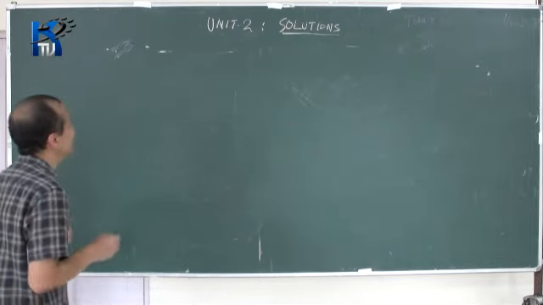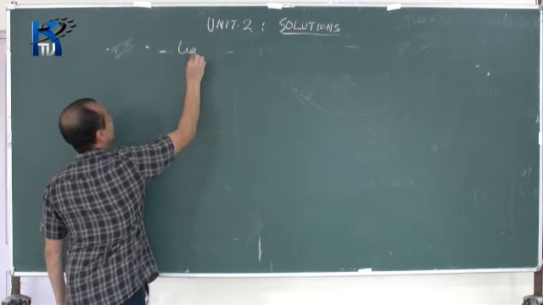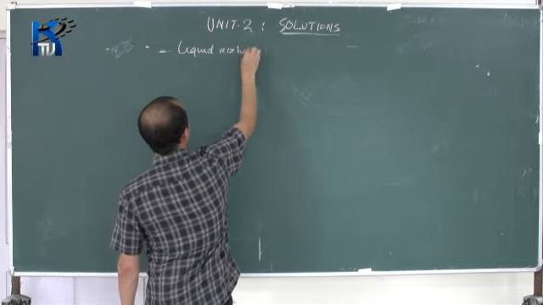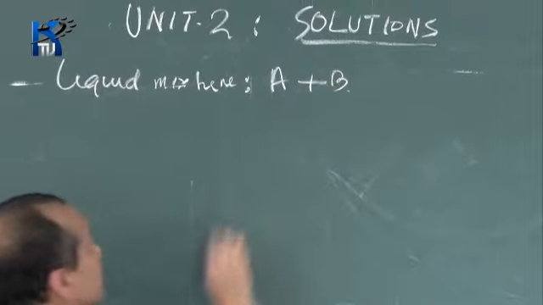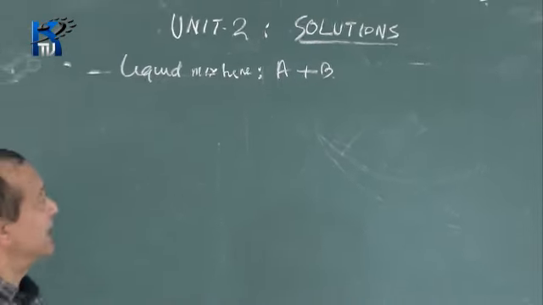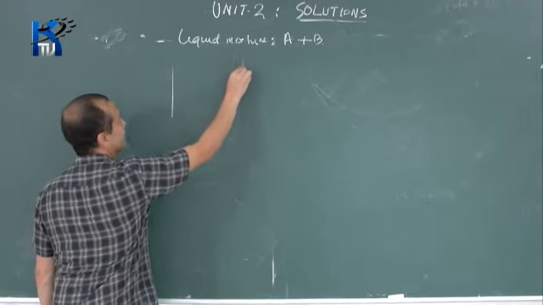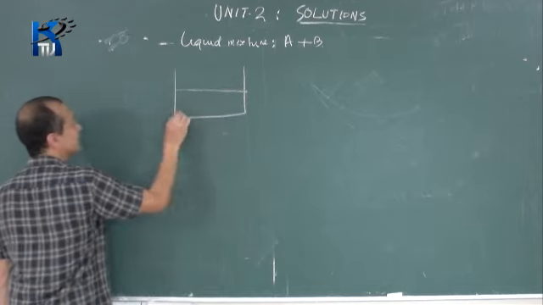For that, let's assume that we have a liquid mixture of two liquids, A and B. Now consider liquid A.